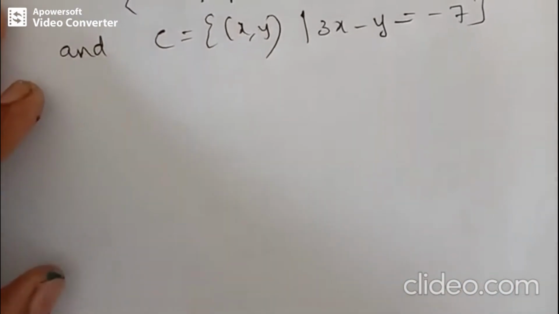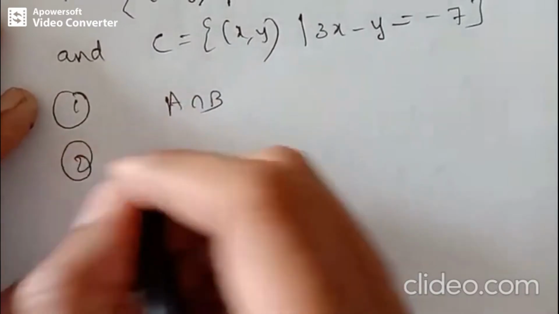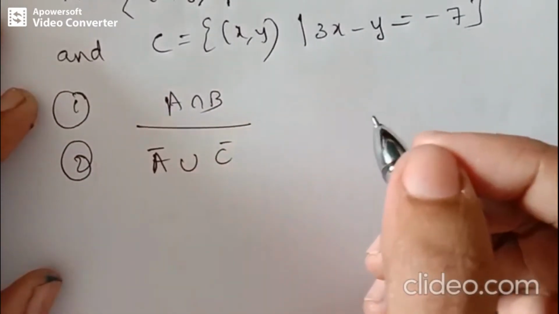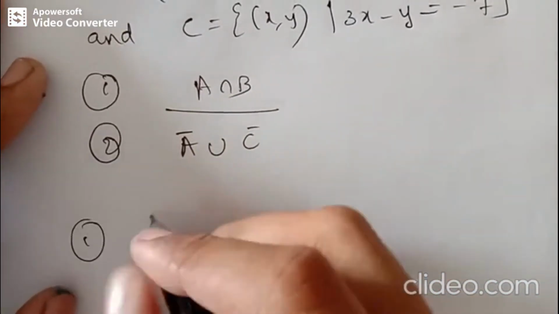What we have to find out is A intersection B, and A complement union C complement, the whole complement.